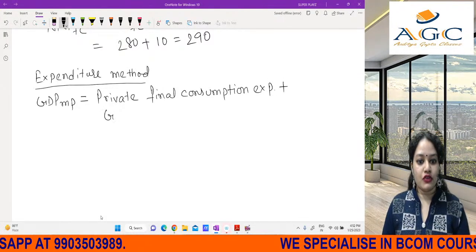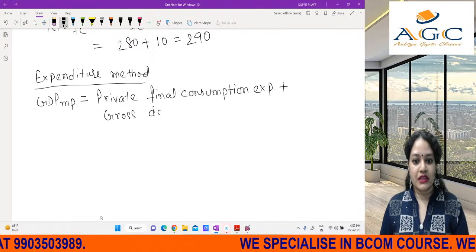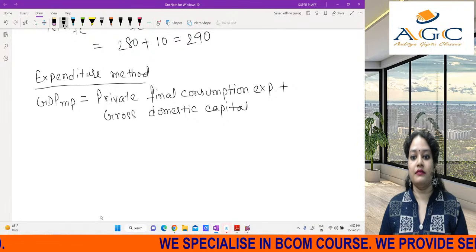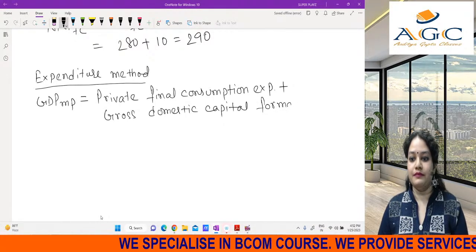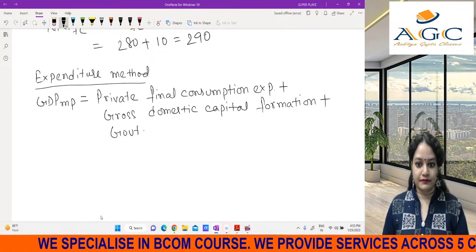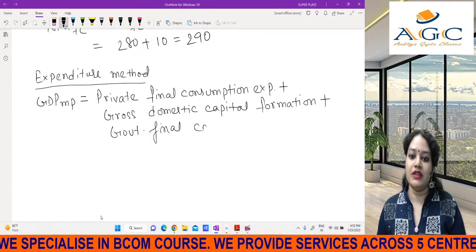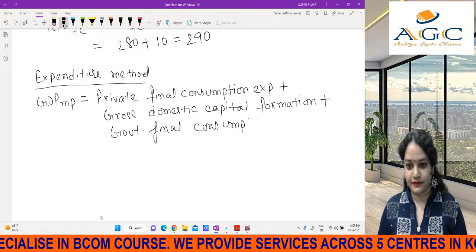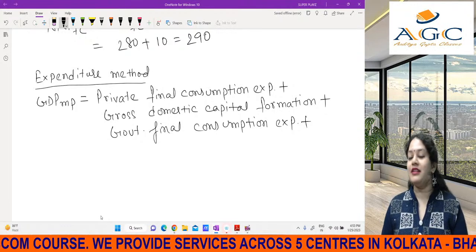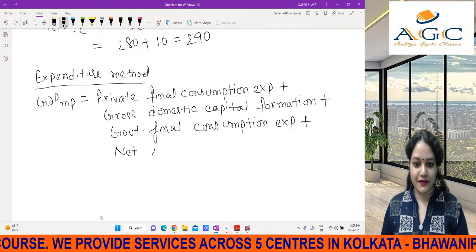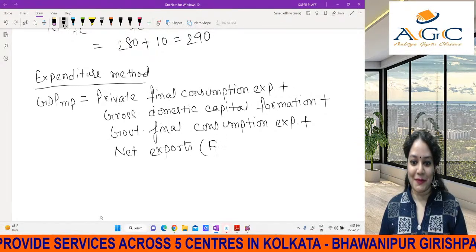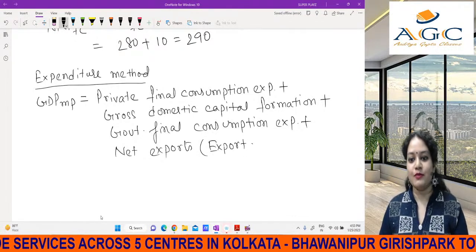Then would be our gross domestic capital formation. Then government final consumption expenditure, plus your net exports. This would be export minus import.